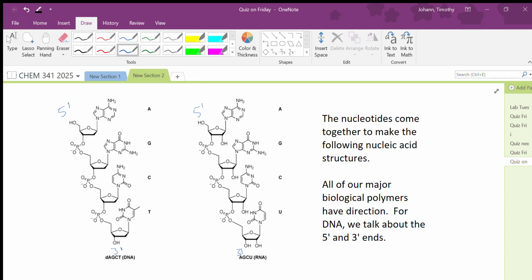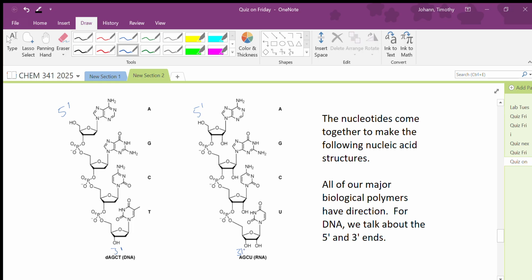I haven't talked about it being anti-parallel yet, but let's imagine this strand's being synthesized. All biological enzymes go this direction. Nobody's found one yet that goes the other direction. I don't know why, but well, I do know why. It's natural selection.